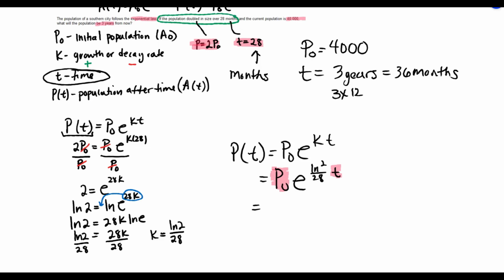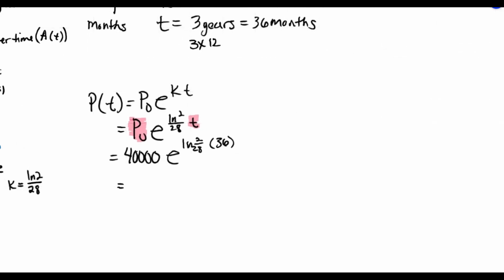So I can substitute 40,000 and a time of 36 months to find out what the population will be 3 years from now. So I'm going to put this in my calculator.